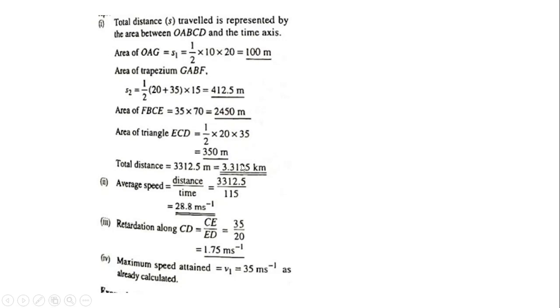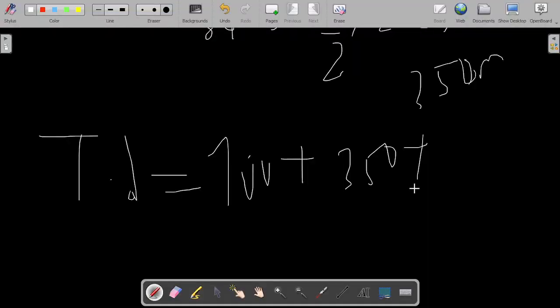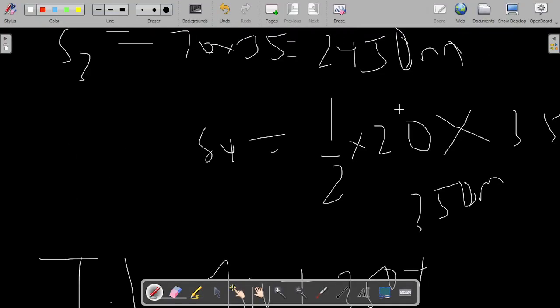That's 100 plus 412.5 plus 350, plus, let me make sure I add each of them, for S3 2450.